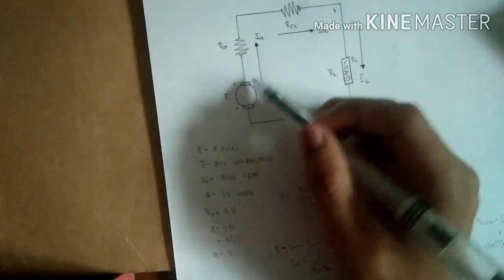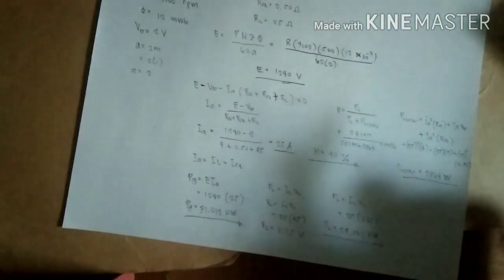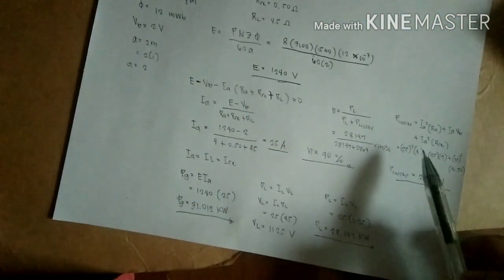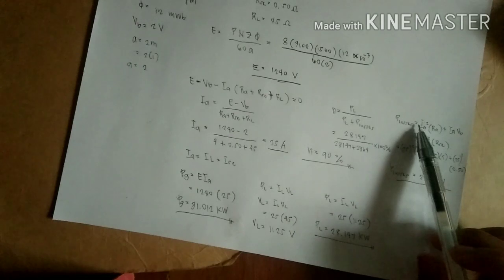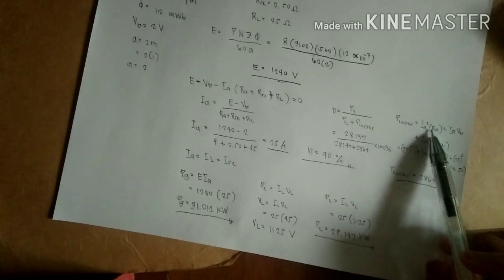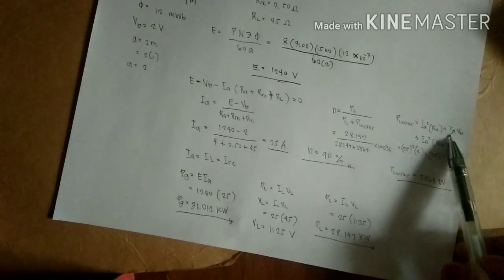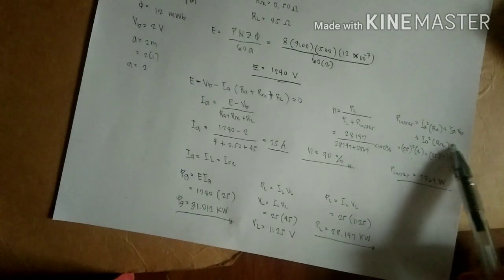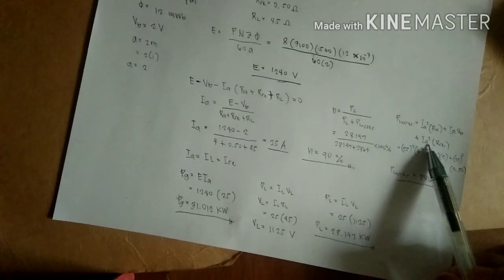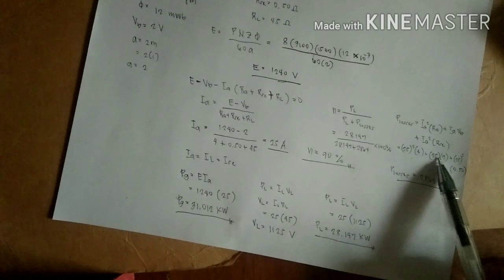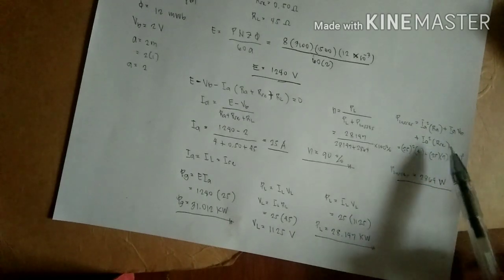So power losses is equal to IA squared times RA plus IA times VB plus IA squared times RSE, or the series field resistance.